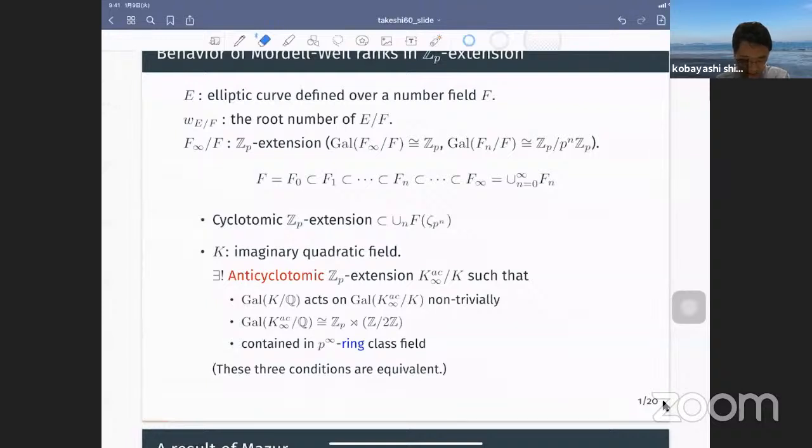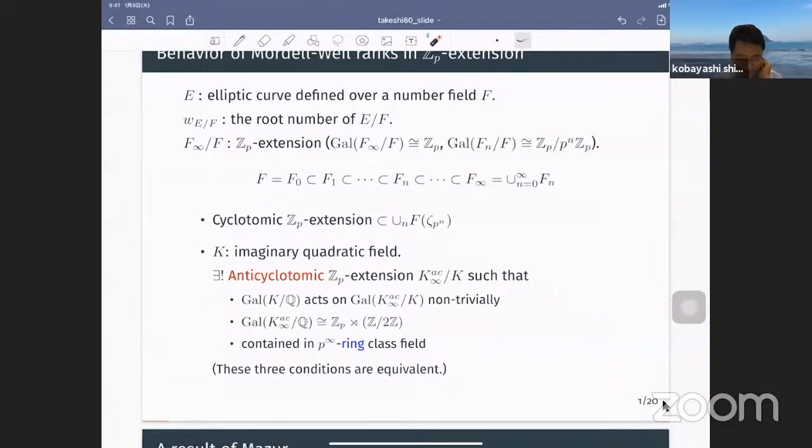And actually, the anticyclotomic Z_p-extension is Galois over Q, and the Galois group is dihedral over Q, and it lives in a ring class field of conductor p power.